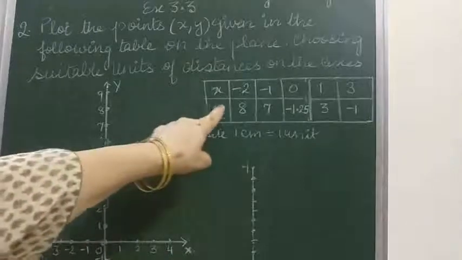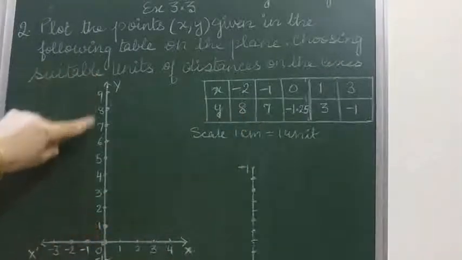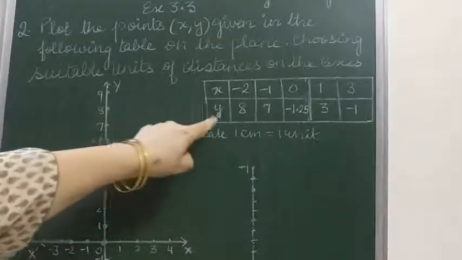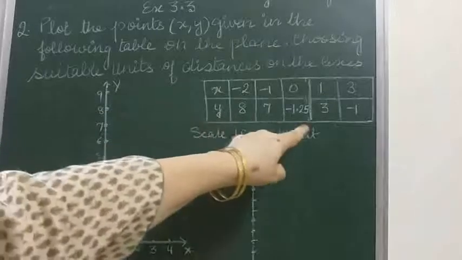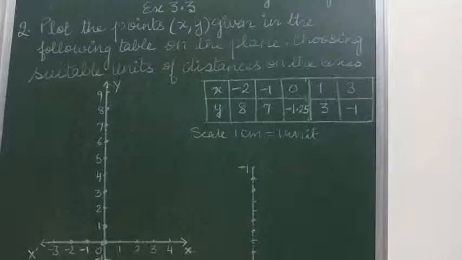Next, y is up till 8, so on the y axis we have taken 1 extra value, that is 9. And the value of y in the negative axis is up till -1.25, so we have taken up till -2. So we are ready to do the plotting now.